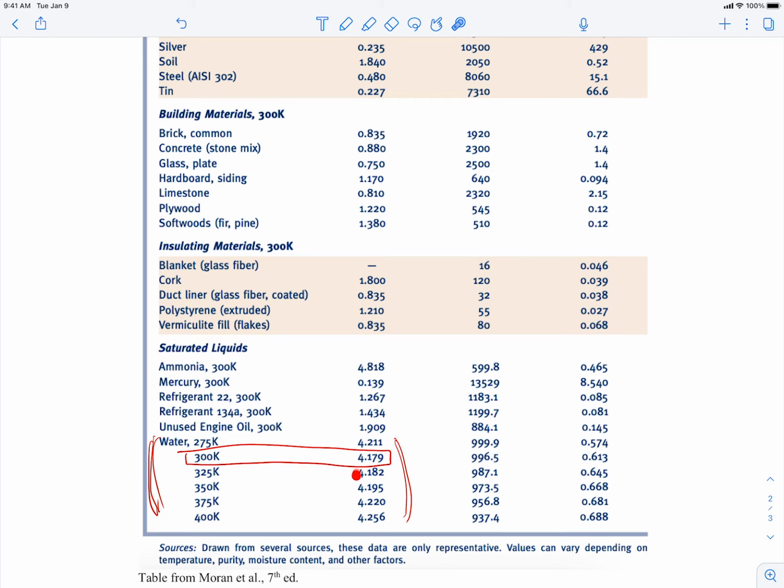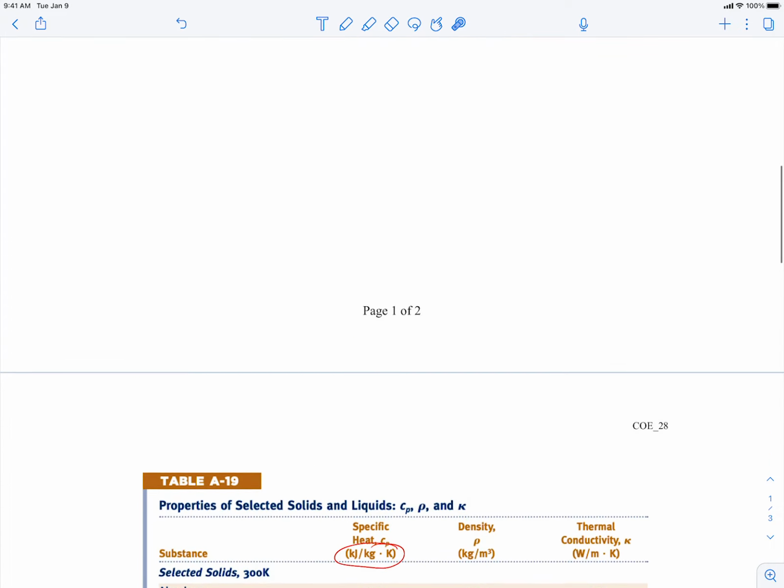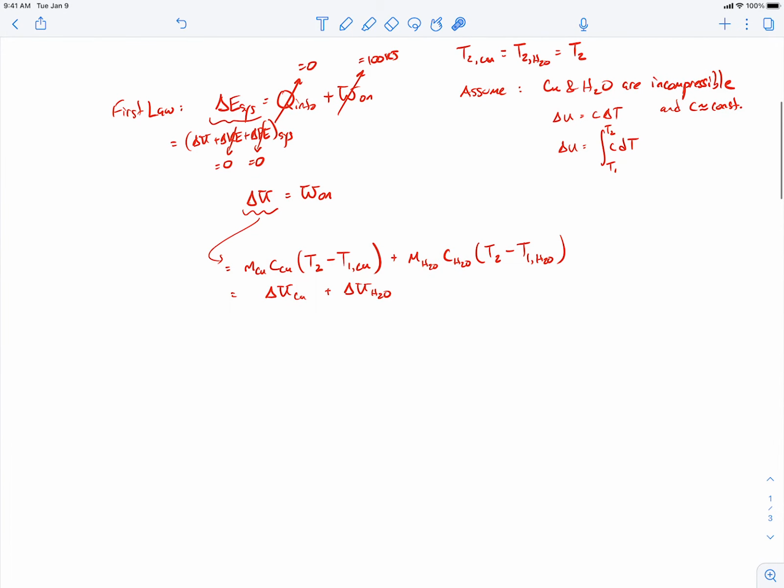If you chose this 4.182, that's totally fine. It may actually be a little bit more accurate than what I'm doing, but either one is fine. They're both pretty close. Okay, so let me write those down. From a table, the specific heat for copper was 0.385 kilojoules per kilogram Kelvin.